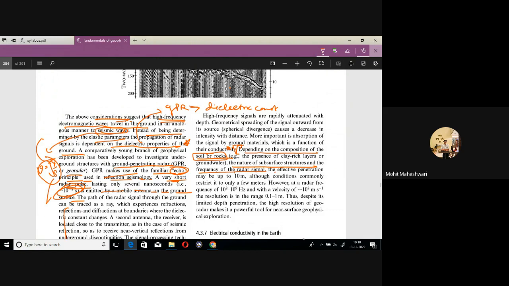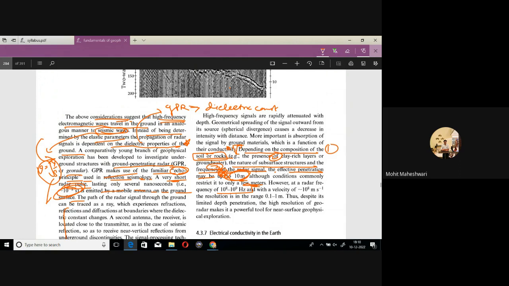The first thing is the composition of the soil and rock, the second is the nature of the subsurface texture, and the third is the frequency of the radar signal. The effective penetration depth may be up to 10 meters. This is a very, very important concept. The effective depth of penetration for the ground penetrating radar is up to 10 meters, although we can extend this up to a few meters also. This is restricted to a few meters.